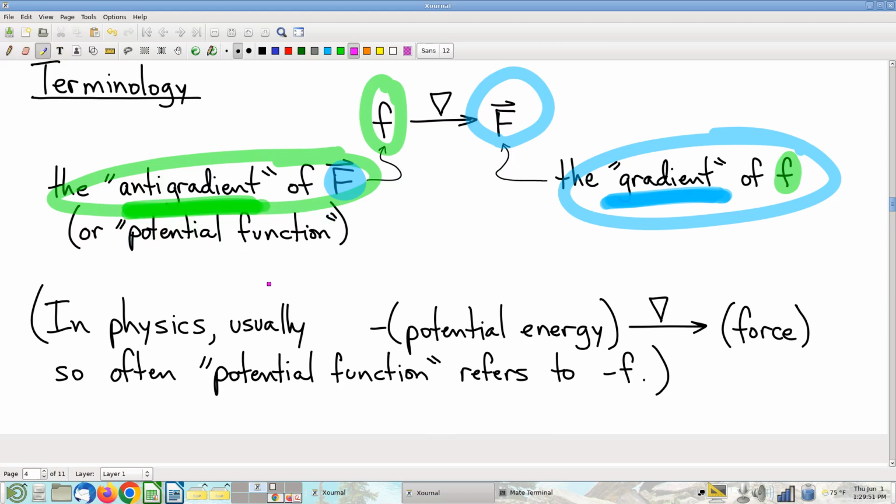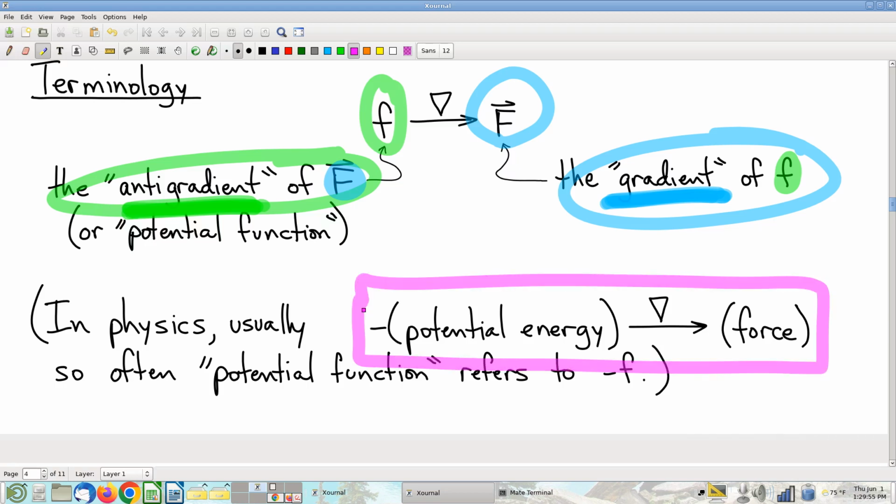It comes from a fact of physics: when you have a force, very often, if certain conditions are satisfied, and there are some delicate issues here that I don't want to get bogged down in, forces can be viewed as gradients of what we call a potential energy function.